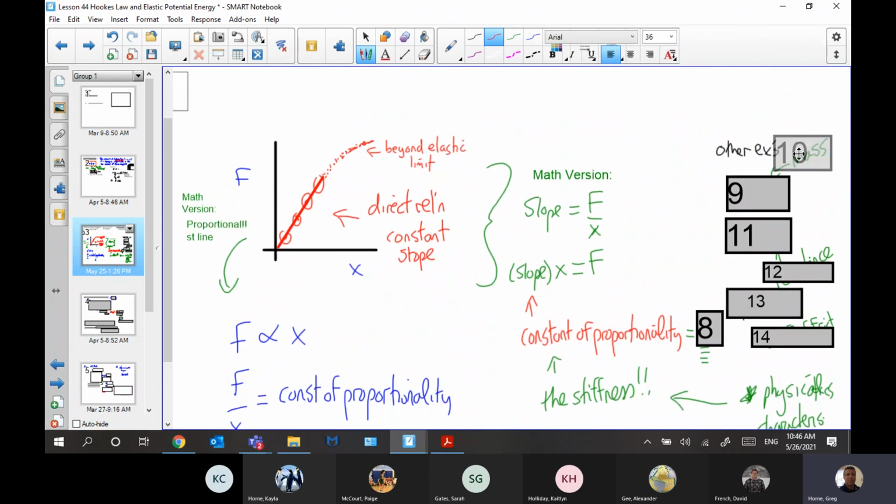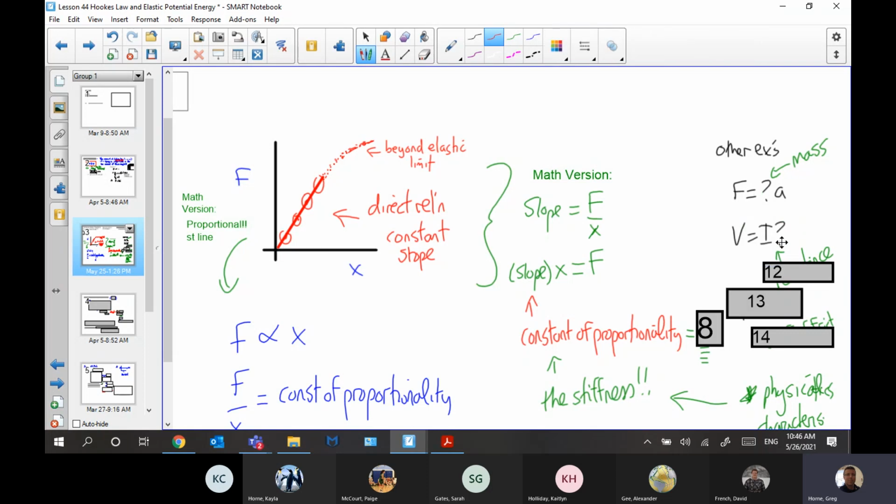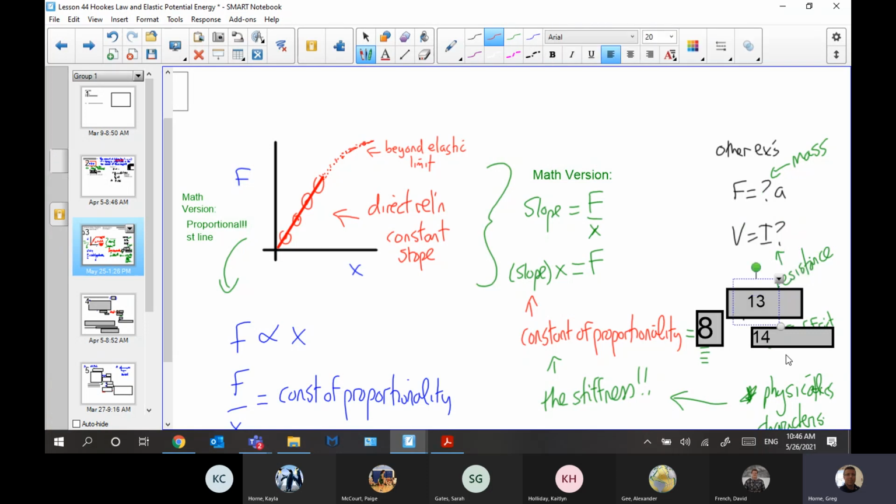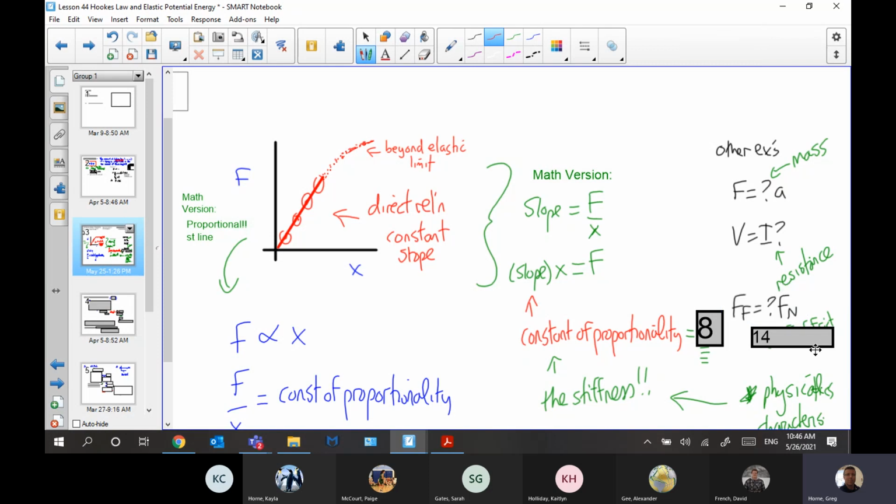When we've seen this in other examples, we looked at how much acceleration there is for a given force. The proportionality constant was the mass, like a physical characteristic. Voltage equals current times resistance. The resistance of the material is that physical property, right? Even F_f equals mu F_n, we've looked at coefficients of friction.